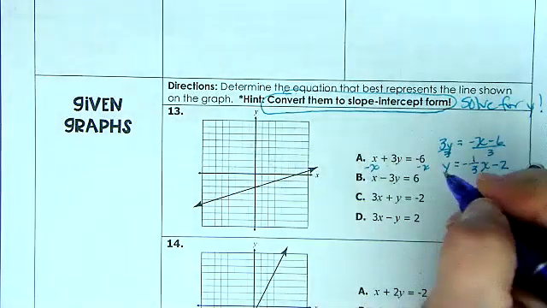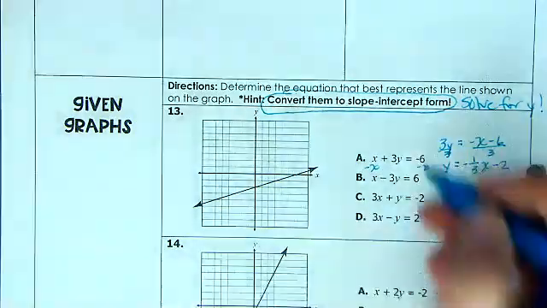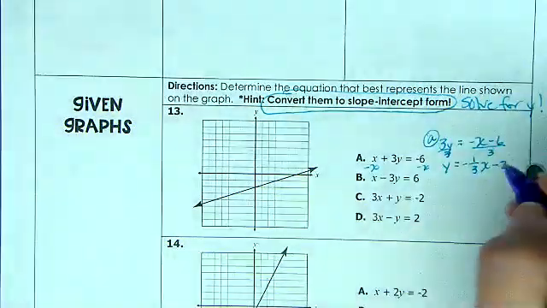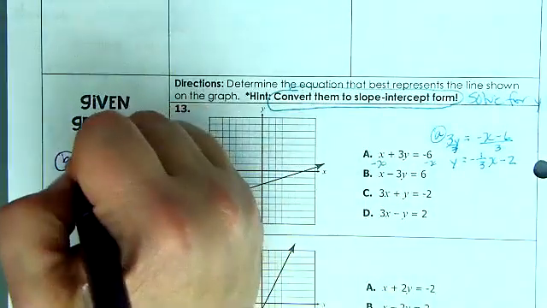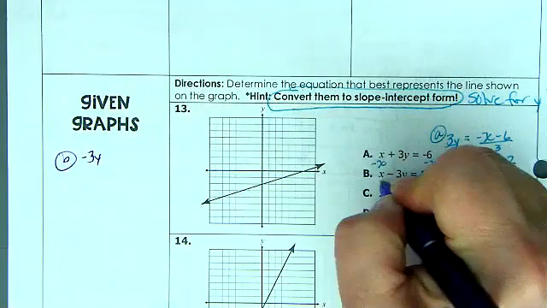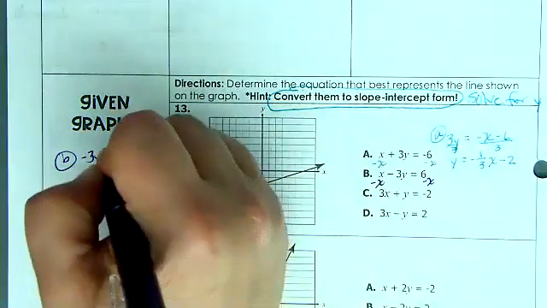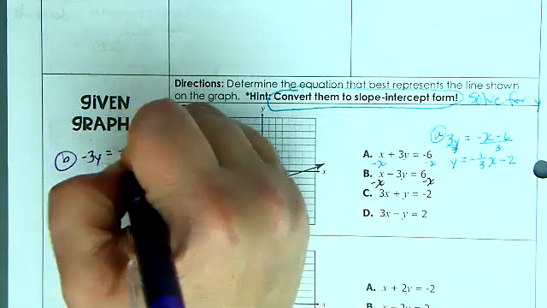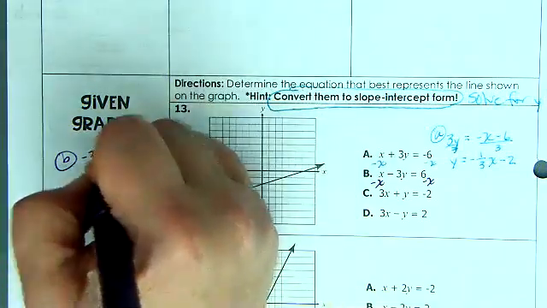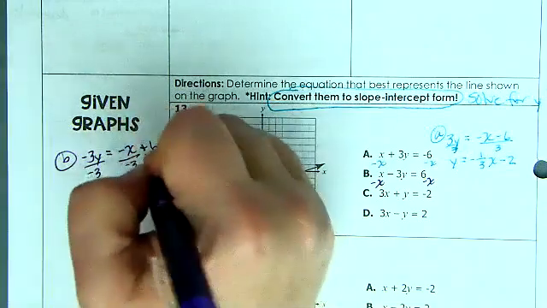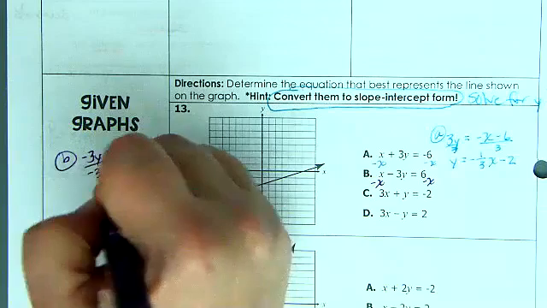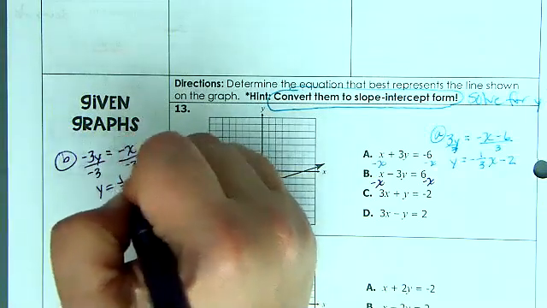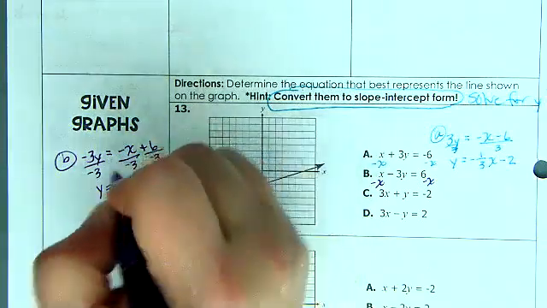Then we've got, so this was A. B is going to be negative 3y because I'm going to subtract x. Subtract x, I'm going to end up with negative 3y equals negative x plus 6. Divide by negative 3, divide by negative 3. Okay, and I get y equals 1/3 x minus 2.